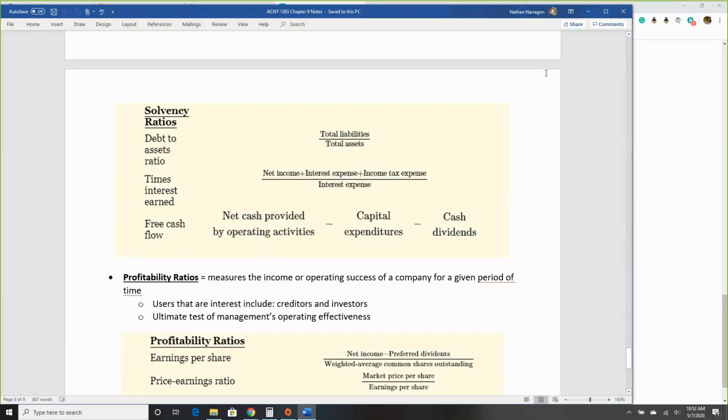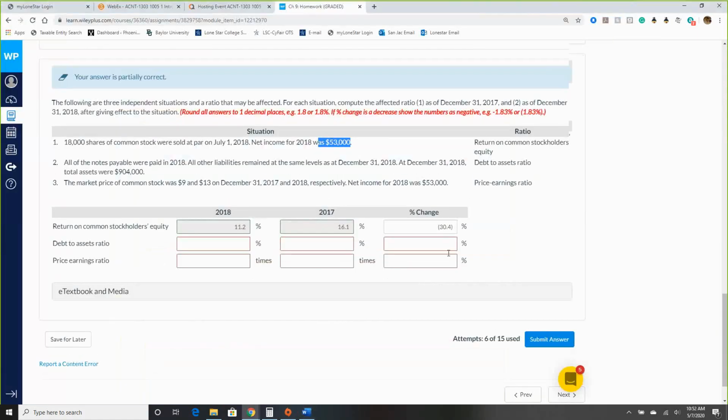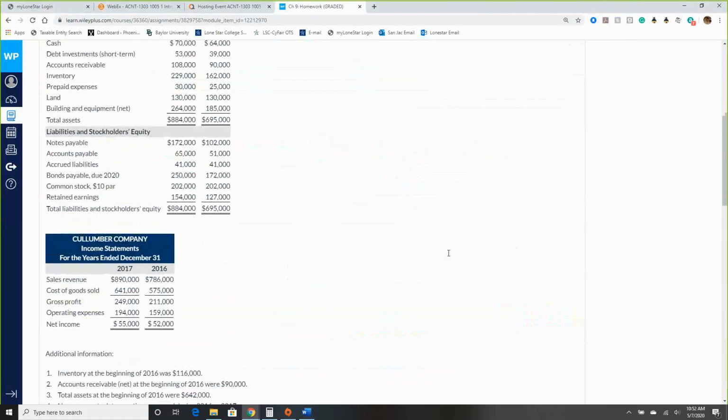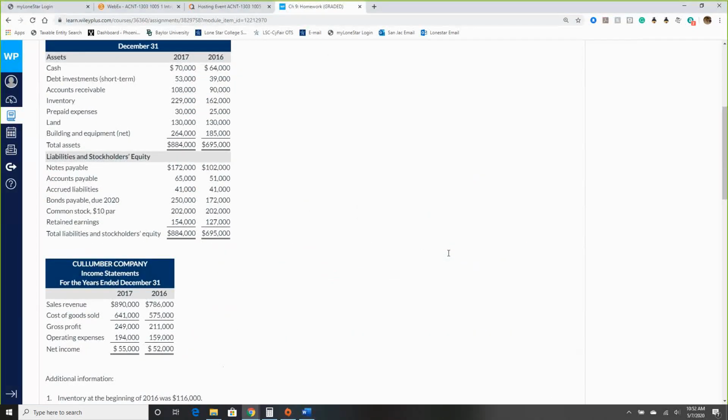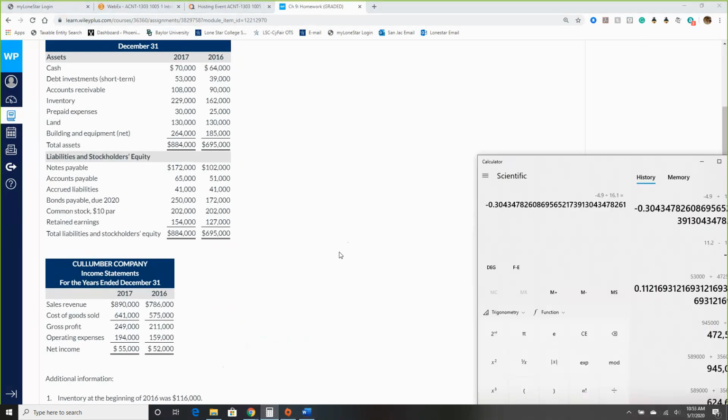Okay, 17, debt to asset ratio. Total liabilities divided by total assets. We need to figure out total liabilities, which is all accounts above common stock.